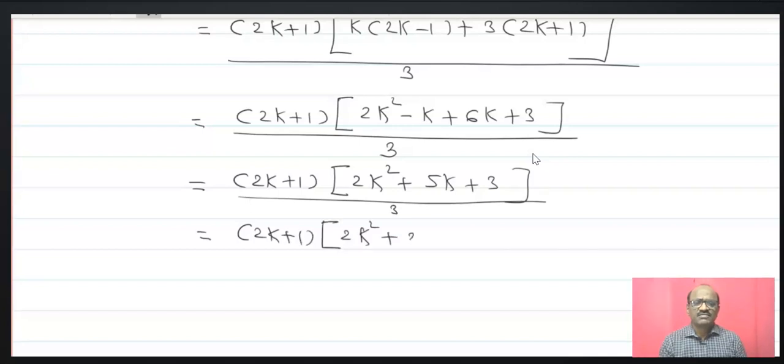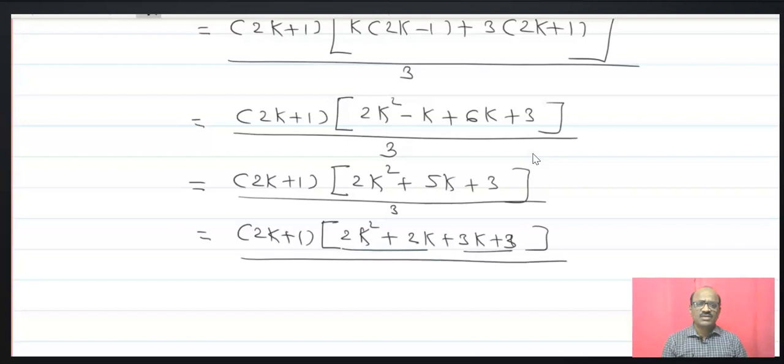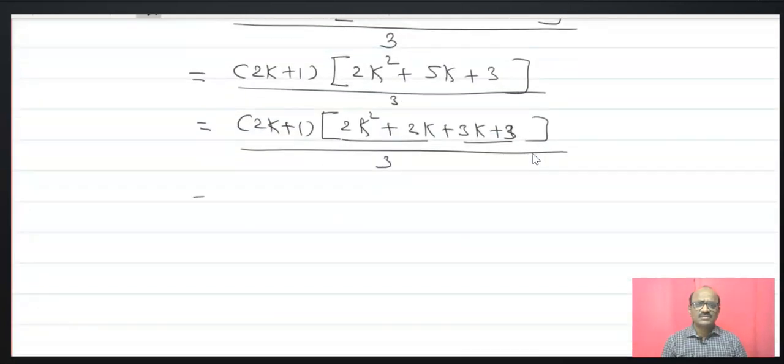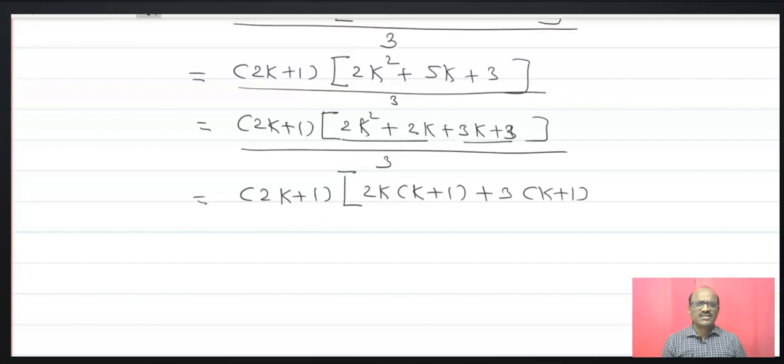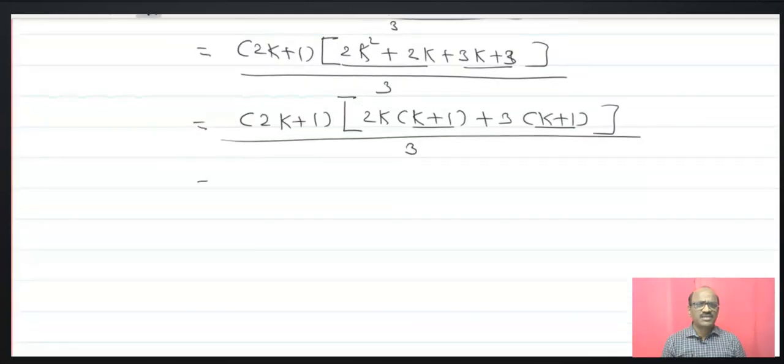Now factorize this: 2k square plus 2k plus 3k plus 3. Take 2k common, then in bracket you will get (k plus 1) plus 3(k plus 1) upon 3.